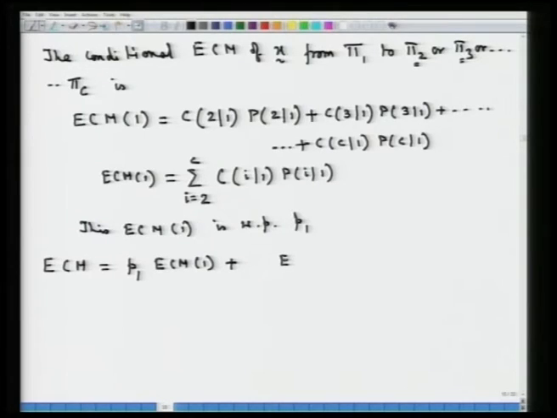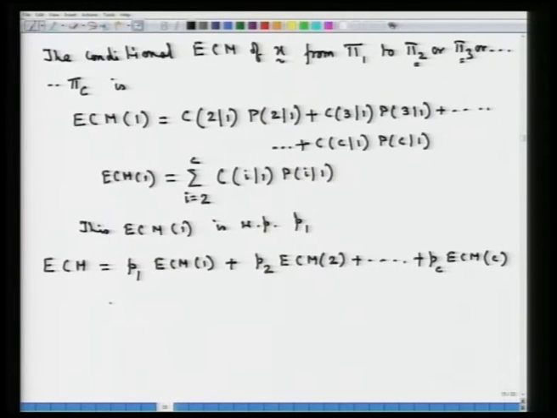the expected cost of misclassification conditioned on the observation coming from the second population, which would similarly be ECM 2 with a probability p2, and thus we will have to look at all such conditional expected costs of misclassification, up to ECM c for the cth population.